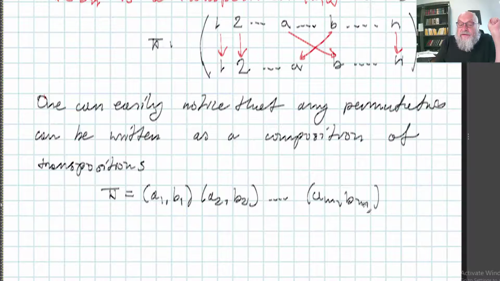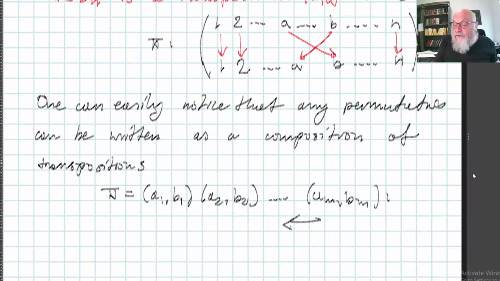This means that this is the transposition that changes AM to BM, and the next one will be changing the next pair. So you start from that end and you go to the beginning. Why? Because usually the composition of functions means that what stands on the right is applied first. So that basically is the statement.